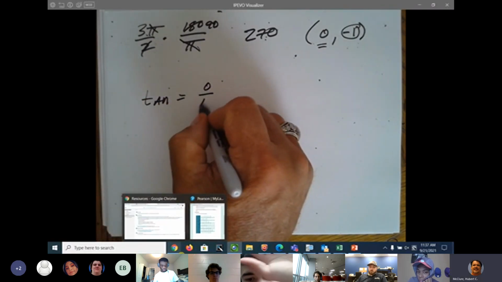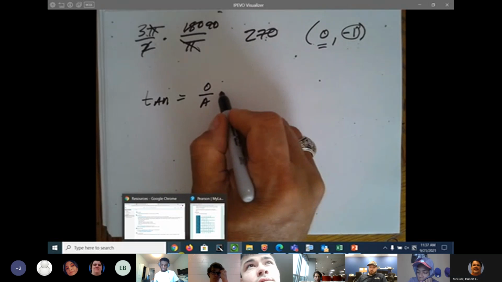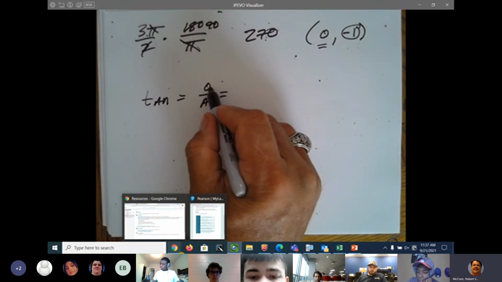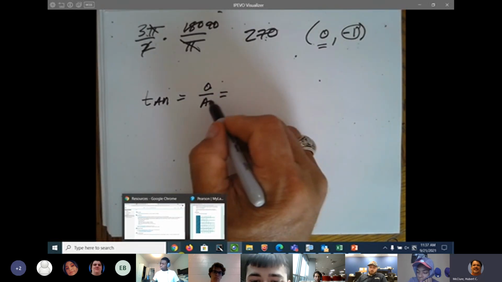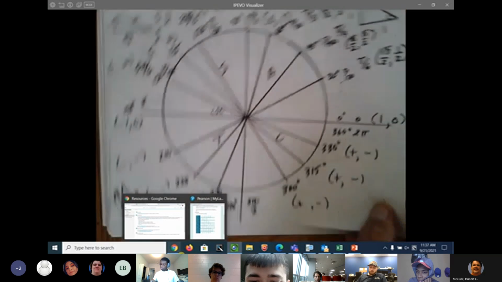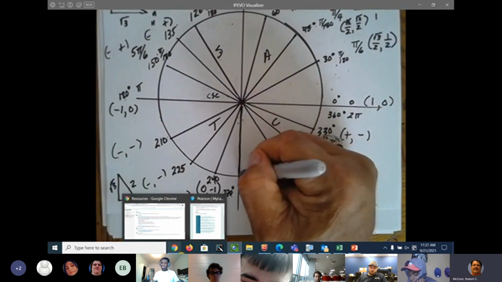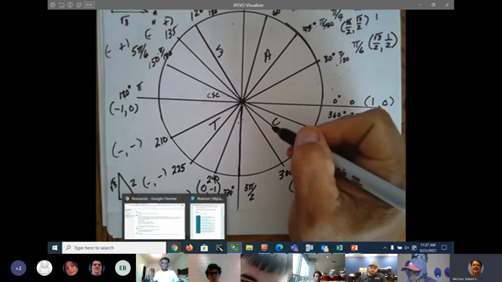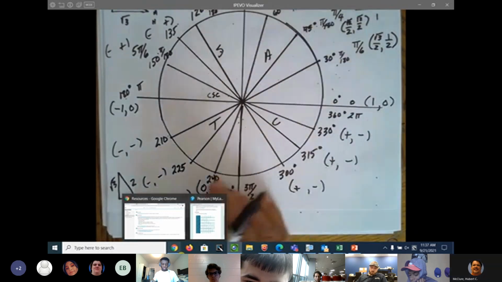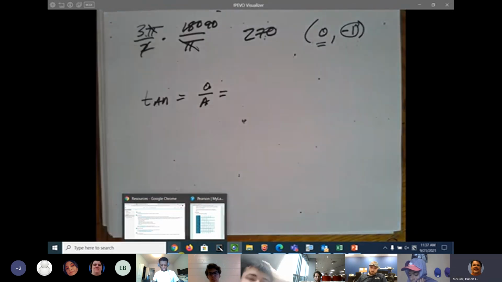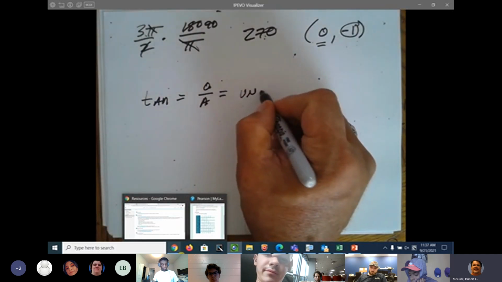Well, that's simple. Let's just take the opposite, and the adjacent. Well, what's wrong with that? That's a vertical line, right? Vertical line, the slope is undefined. So the tangent is going to be undefined.